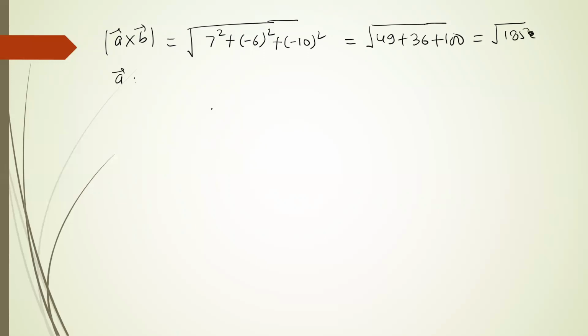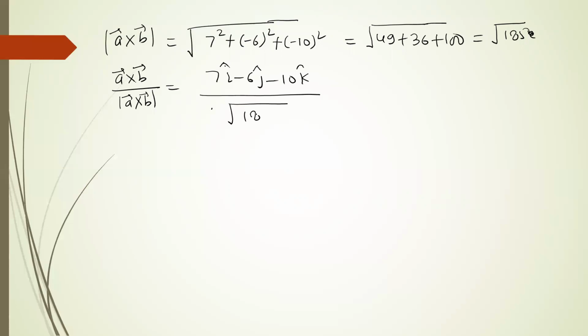Now, putting everything in A cross B upon magnitude of A cross B, you get 7i minus 6j minus 10k over root 185, which is the required solution.